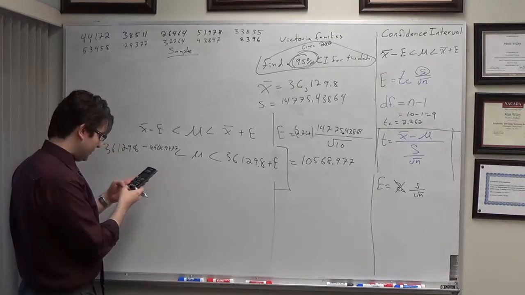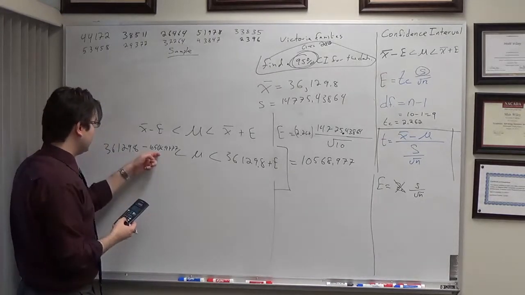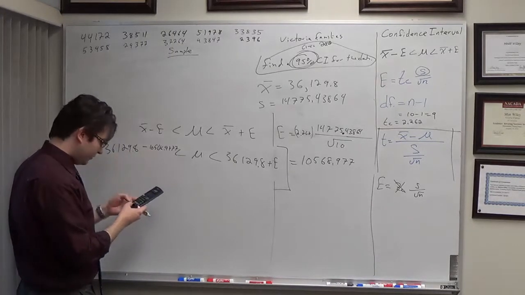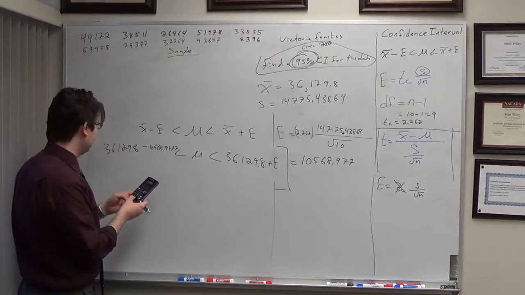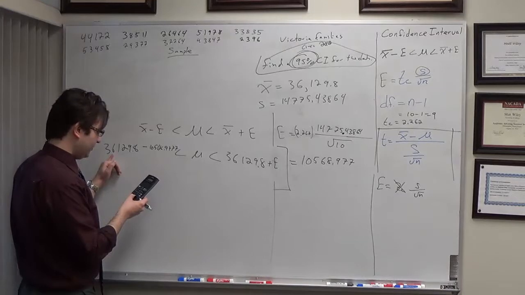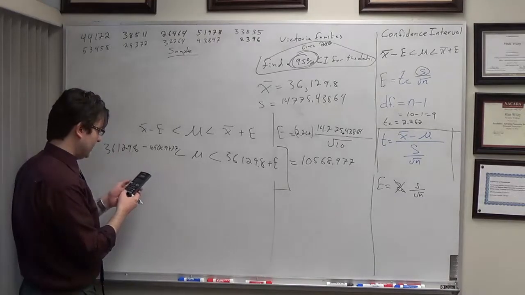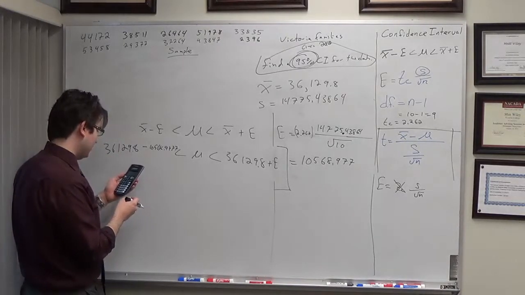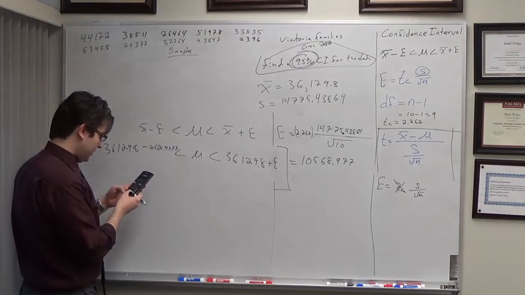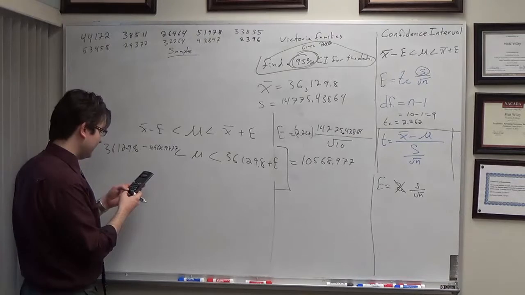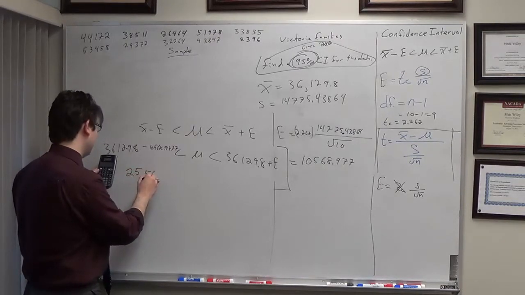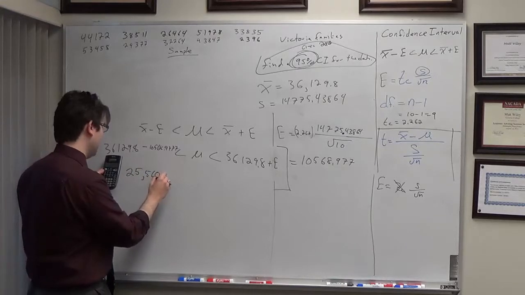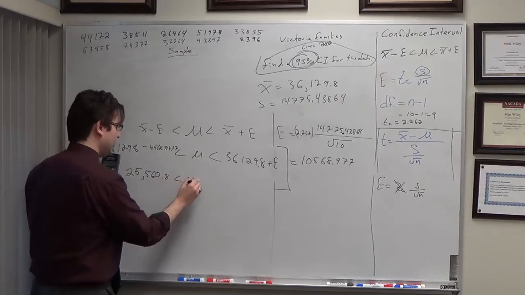If I take this number and subtract it from 36,129.8 minus 10,568.977, I get 25,560.8, less than mu.